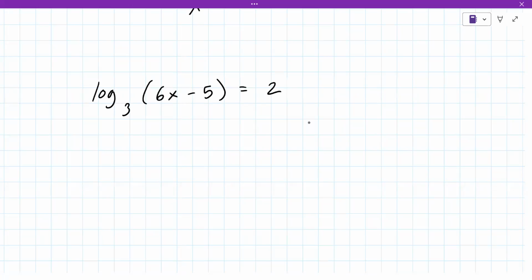Does that reduce? Yes, it can be 7/3. It is 7/3. Good. All right, well done.